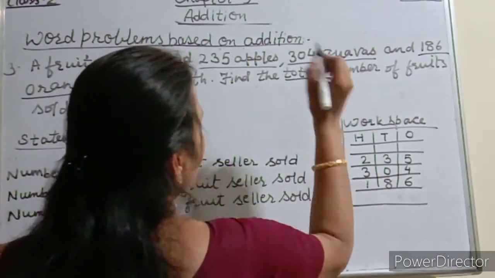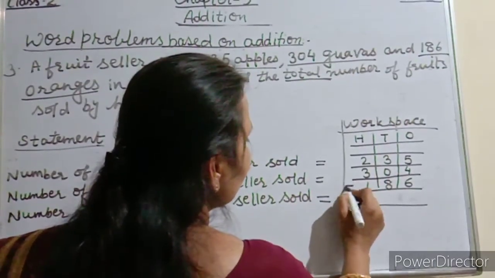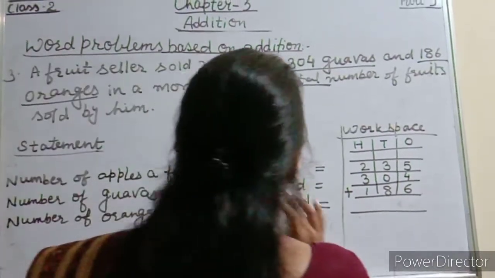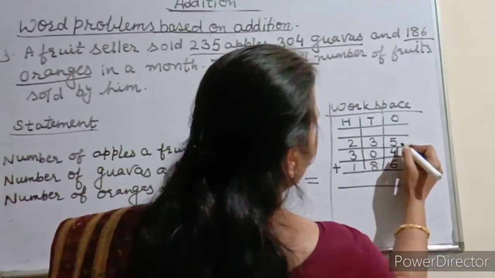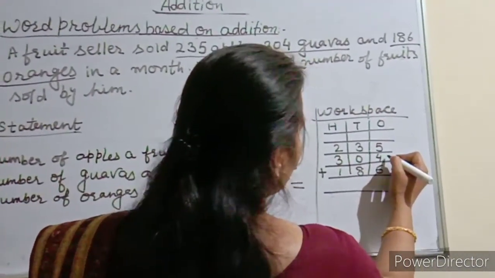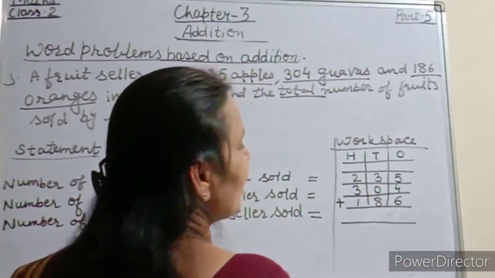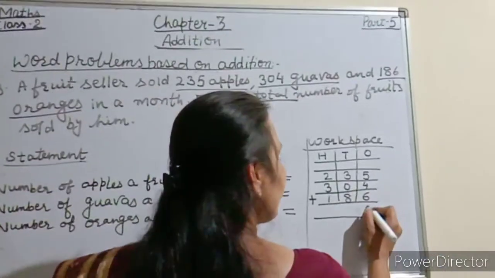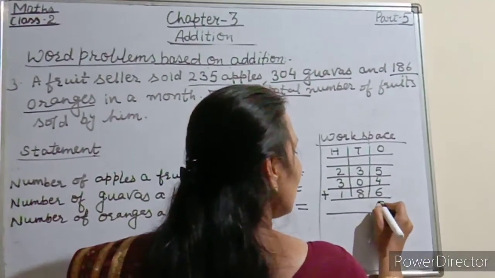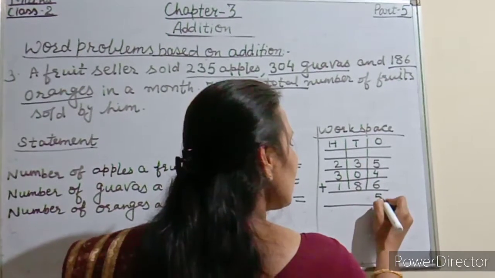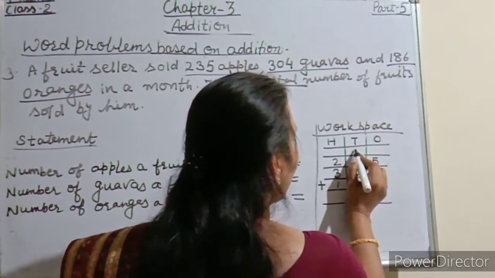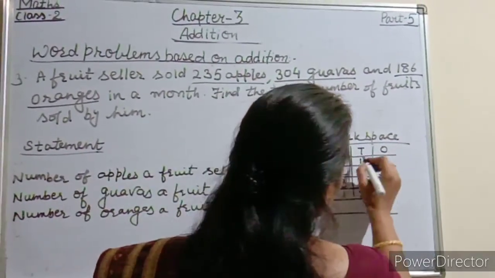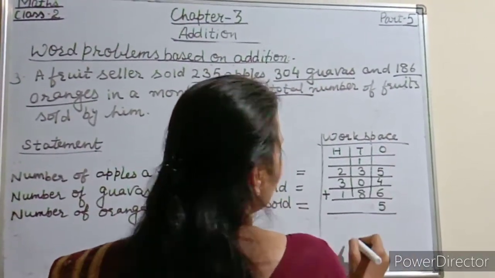So total number of fruits. For this we have to do the addition for these all fruits. See, 5 plus 4, very good, 9. 9 plus 6, very good, 15. So under the ones column we will write 5 and here 1 carry over, we will write in the tens place.